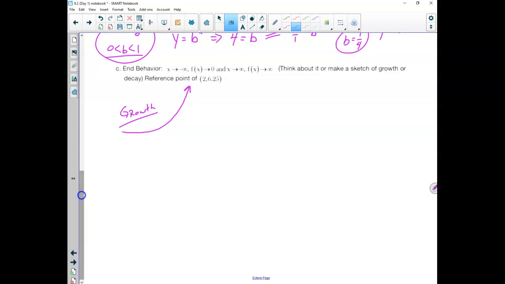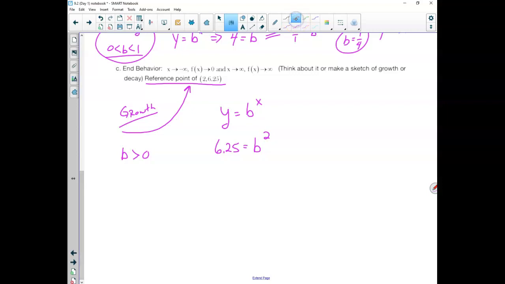It's a growth function, so we know b has to be greater than 1. And if our reference point for y equals b to the x is 6.25 equals b to the second power, what does b need to be?